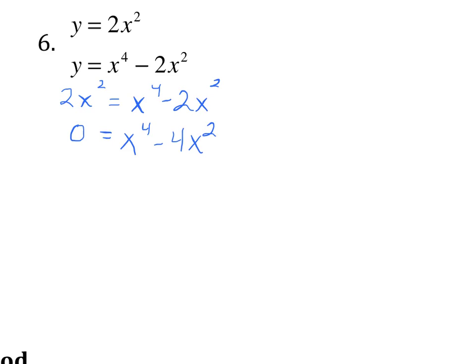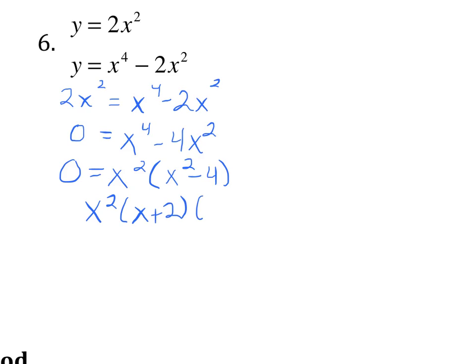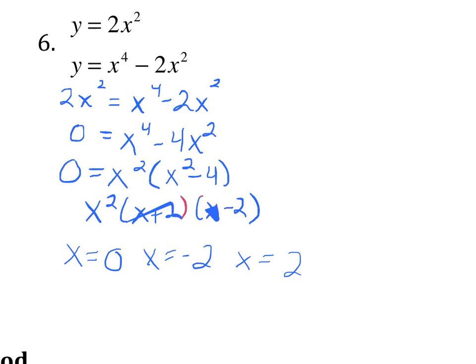And that will give me an x squared to factor out. Get x squared minus 4. And then I'll get x plus 2, x minus 2. So x equals 0, x equals negative 2, and x equals 2. So we're going to have 3 solutions for this system of equations.